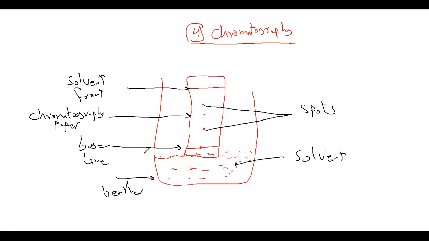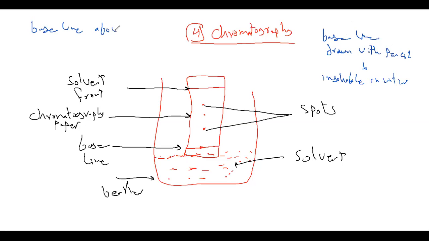After that, the baseline must be drawn with pencil or graphite, not ink, because graphite is not soluble in water. So the baseline is drawn with pencil and is insoluble in water. And then the baseline must be above the solvent, to prevent dissolving the spots.